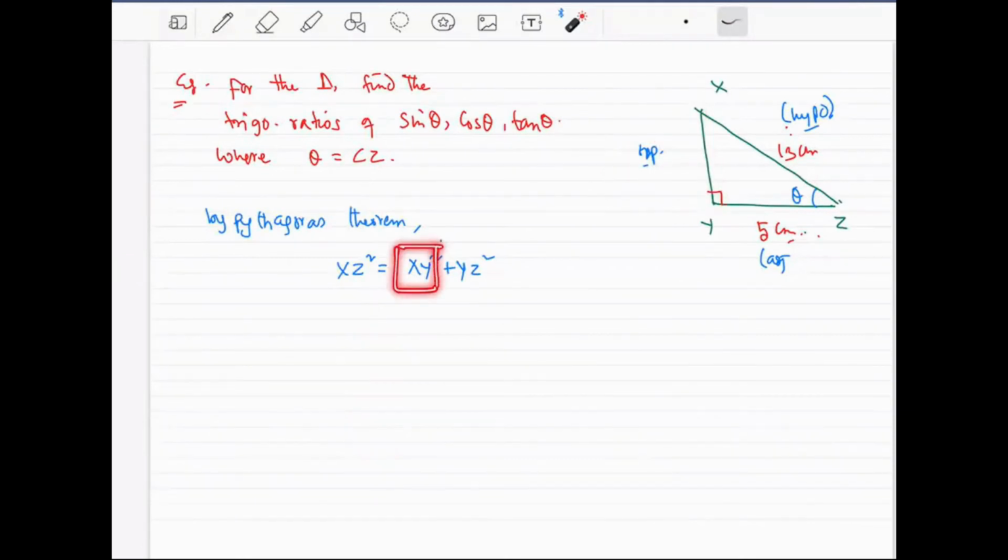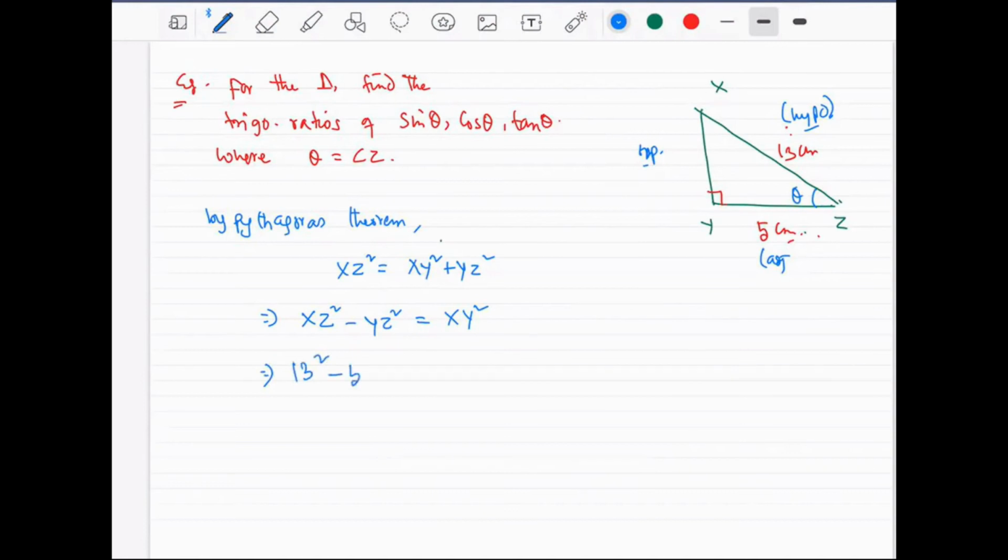So bring YZ square to the other side: XZ square minus YZ square is equal to XY square. Put in the values: XZ is 13 square, YZ is 5 square. 169 minus 25 is equal to XY square. 144 is equal to XY square. 144 is 12 square. Cancel the squares out. So finally the value of XY is 12.